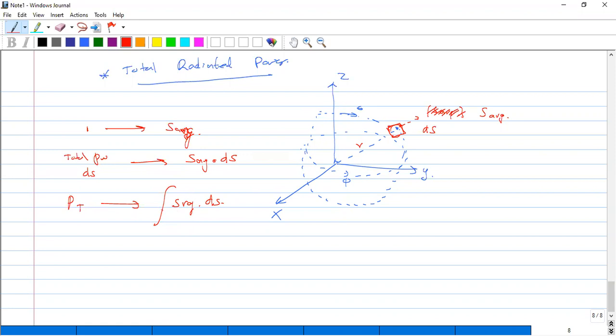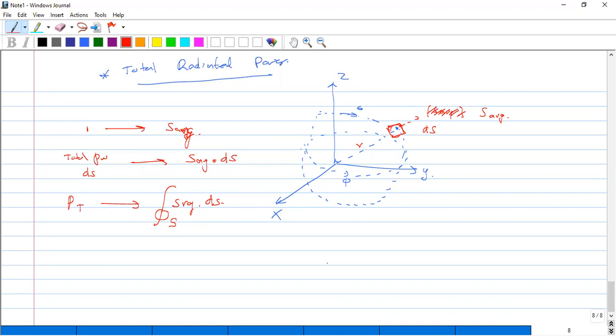You have to do a surface integral along this sphere. If you evaluate the surface integral of S average through this sphere, you will get the total power radiated.